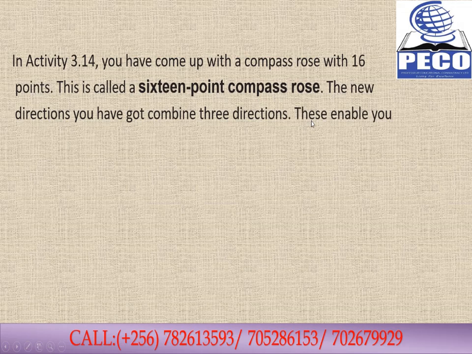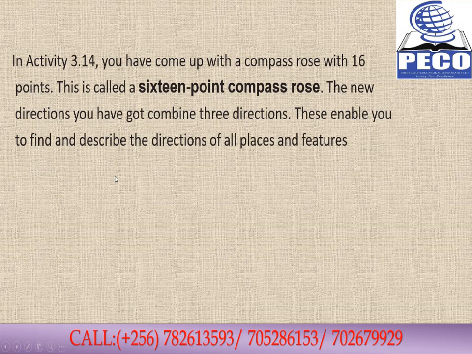And the new directions would have combined 3 directions: north, northeast. So you've moved to the north and northeast at the same time. So you'll have north, northeast, northeast of east. So these enable us to find and describe the directions of all places and features accurately on the map.